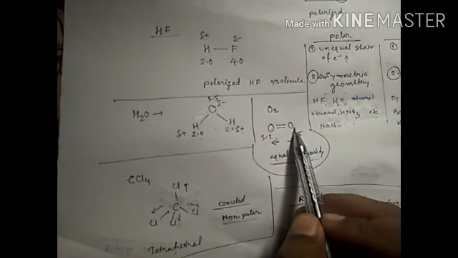Now if you see the electron density, it is also electronegative, it is also electronegative. Neither of these two oxygen atoms can completely pull the electron towards itself, which makes it equal sharing of electrons. That means a covalent bond, covalent nature. That's why it is non-polar.